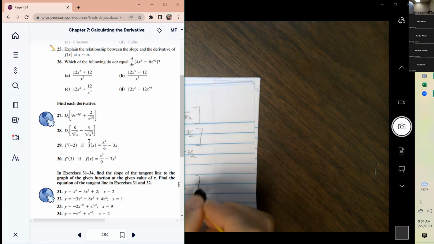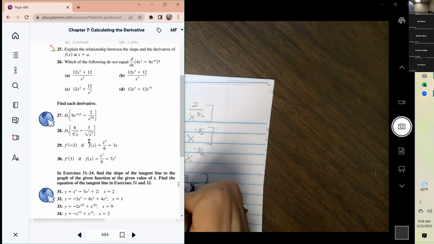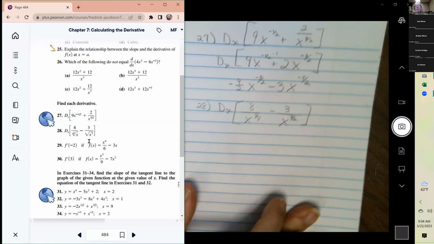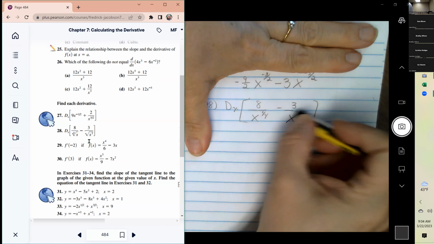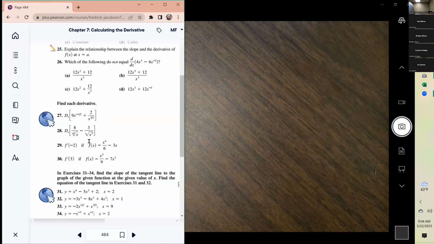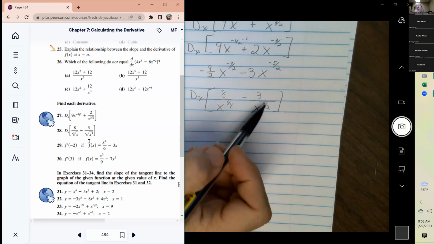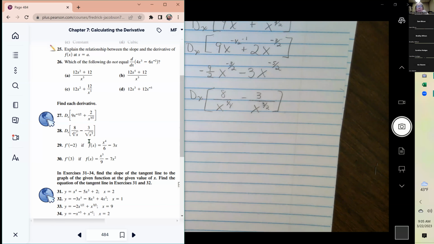No, I was right. The exponent's on the top. The radical's in the bottom. So the radical was the 2, the 3 was the exponent that was originally there.